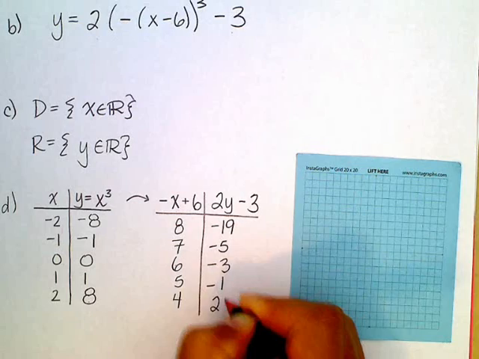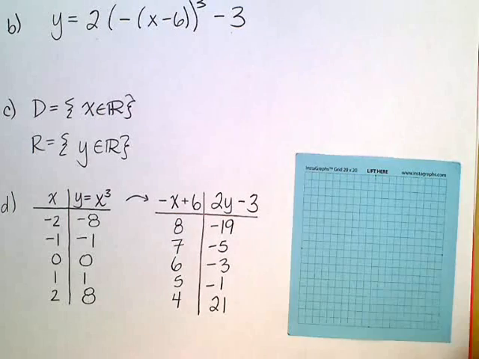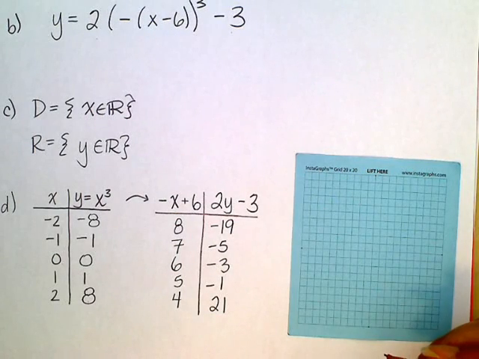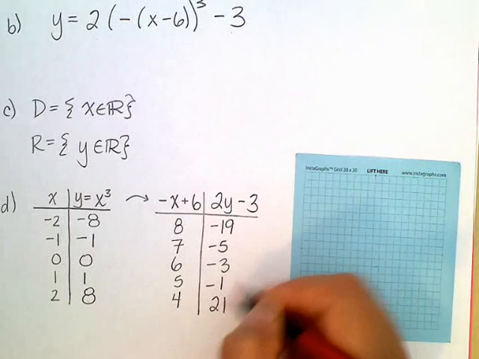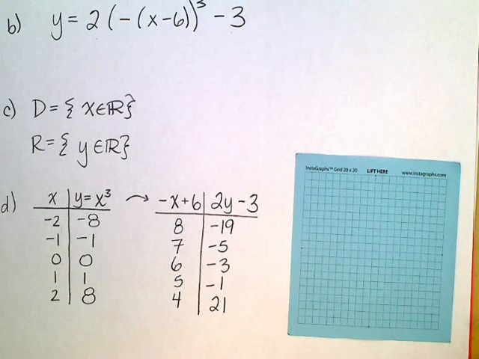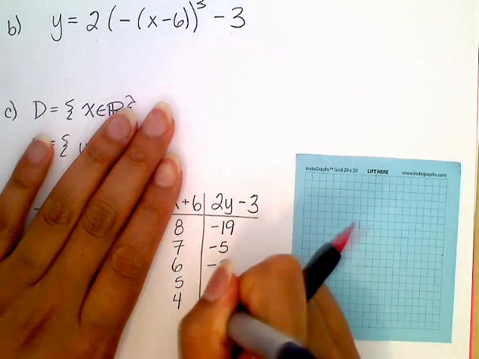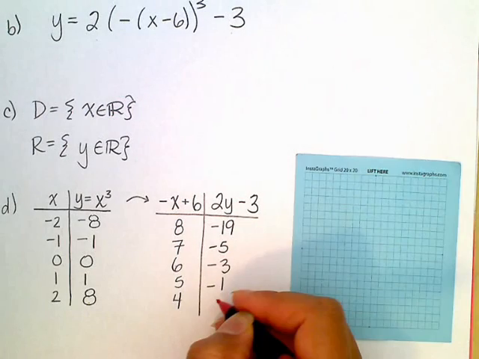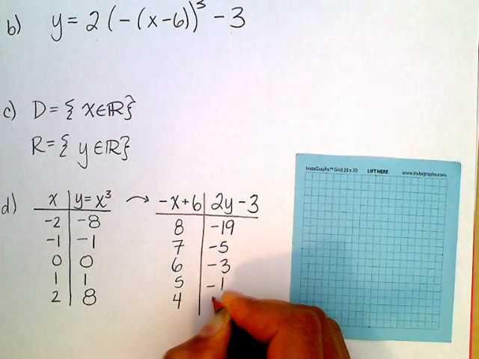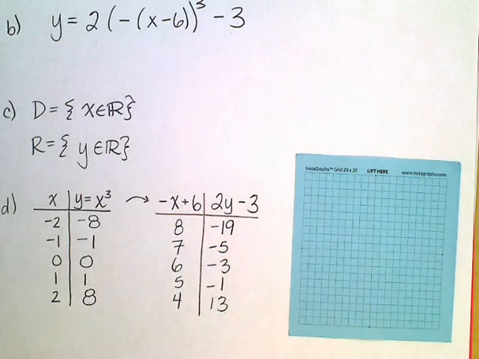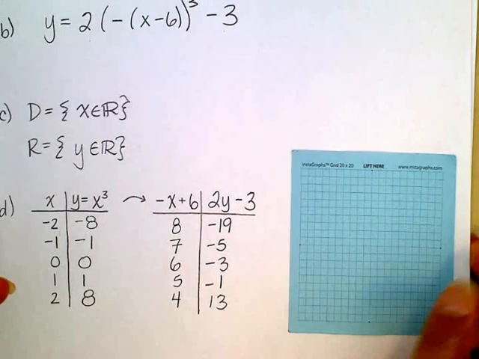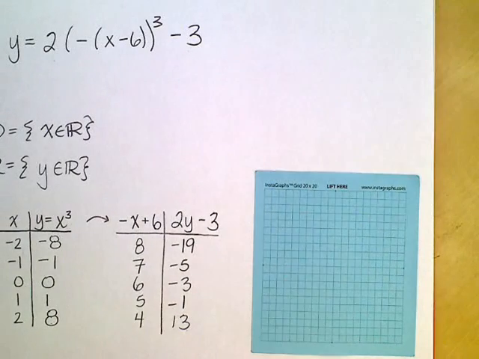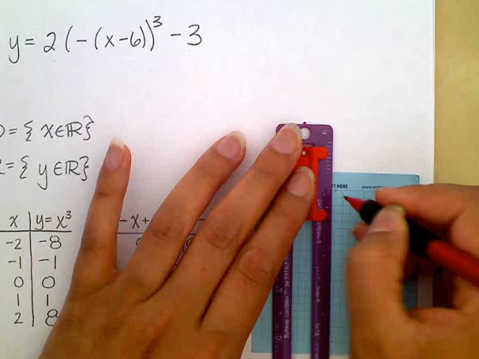And hopefully I've done the math right. Did I? Yep. C minus B is 13. There we go. Okay, so I'm going to plot whichever points fit on the graph, and any ones that don't, it's not a big deal.